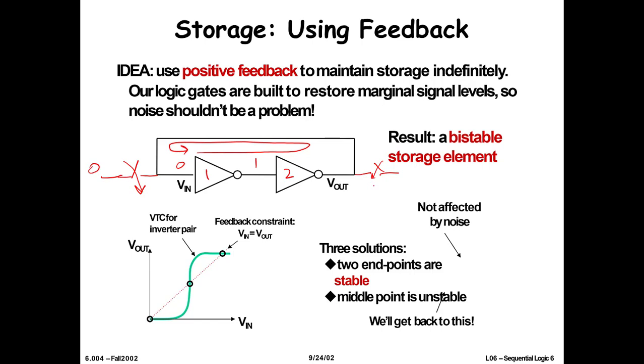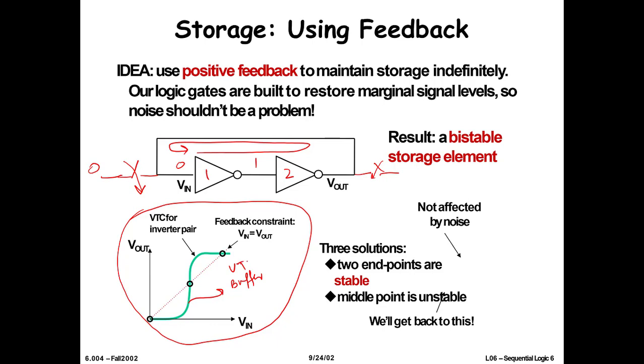Now let's try to understand it from a voltage curve perspective, how the information is stored. So imagine you have this green curve, which is the voltage transfer curve of a buffer.